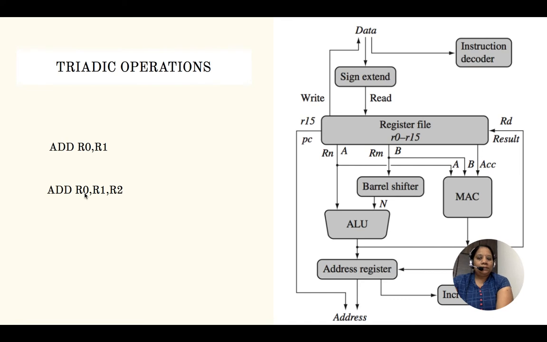The major difference in a triadic operation is that the content in R1 and R2 will remain the same even after the addition takes place. So this is applicable in ARM7 architecture.